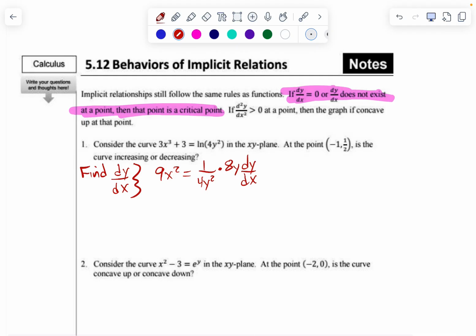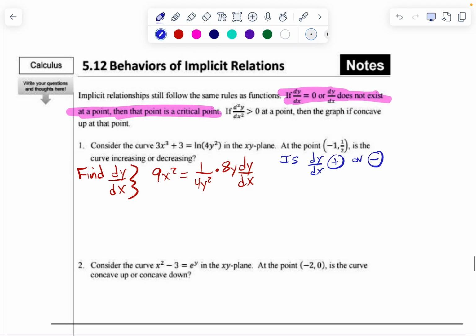All right, so we really just want to know if dy dx is positive or negative. That's really the question. Do we need to isolate dy dx before we can answer that question? No. So we can plug in now, or we can isolate and plug in a little while later.